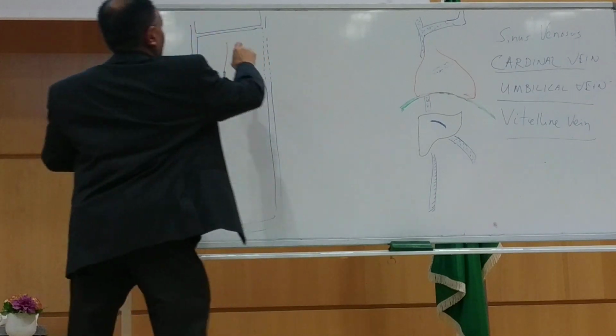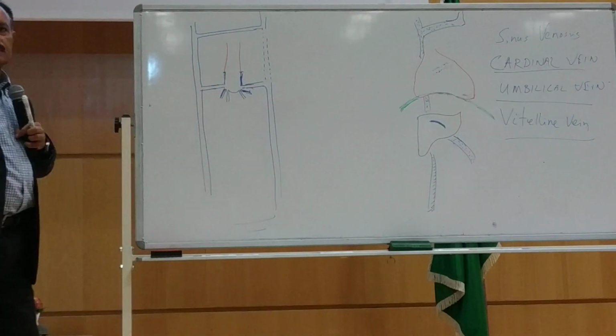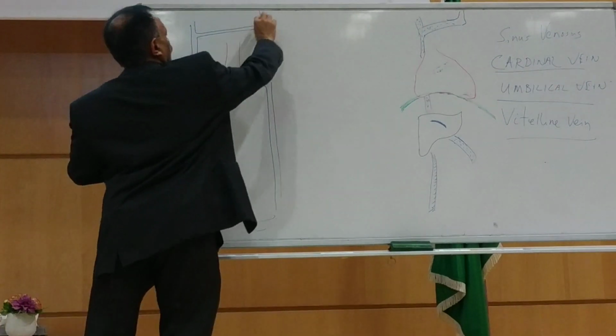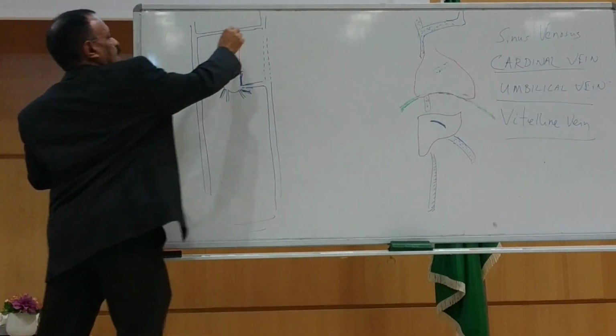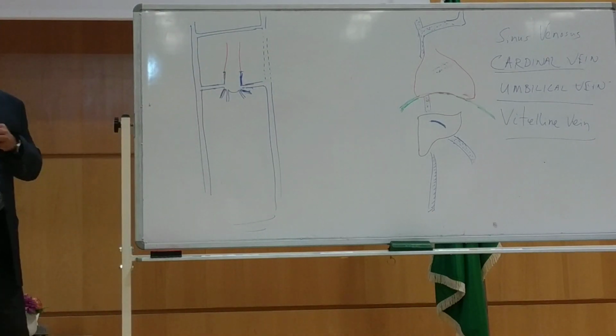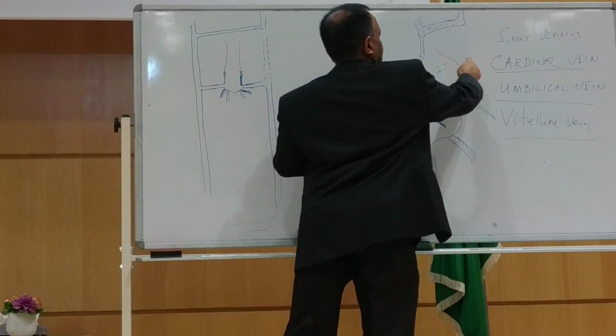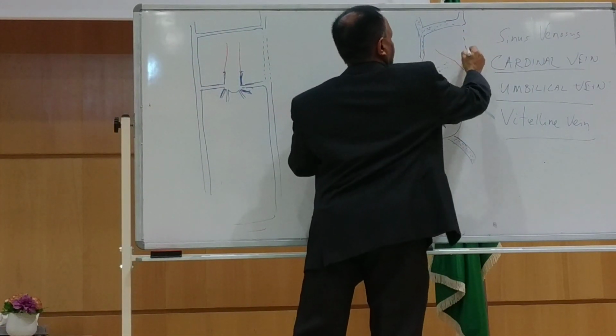The left brachiocephalic vein is coming from this one, which is the connection between the left and the right cardinal vein. This is the connection, and the other part is disappearing. So this part is disappearing.